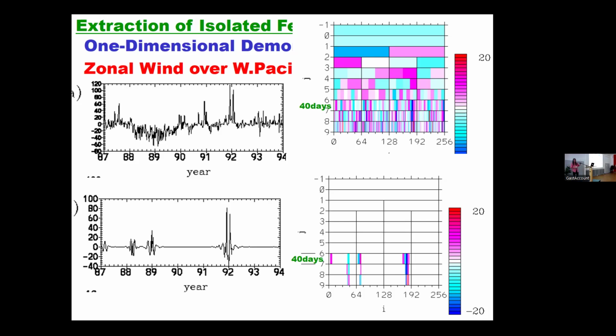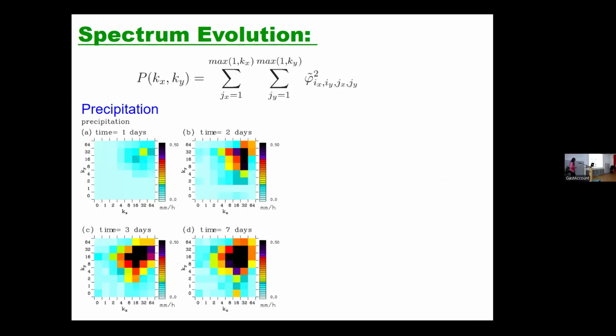In the spatial section, we do wavelet decomposition in 2 directions, X and Y. That's the principle. The first thing we look at is simply the evolution of the spectrum in wavelet space. So we sum up all the localized modes in X and Y, and look at the evolution of the precipitation field with time.